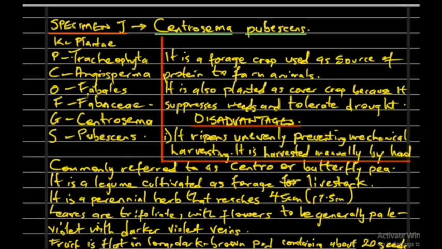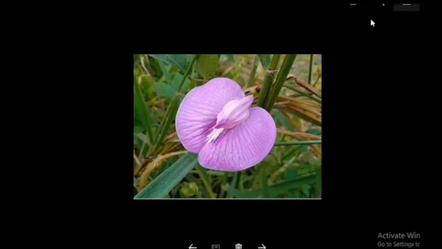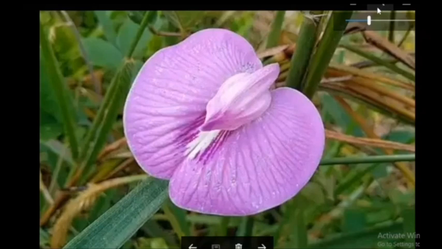So we understand this now. This is about the Centrosema pubescens. Let's see what the plant looks like. We can see that it has a violet color with darker violet veins. That is the flower of this particular plant.